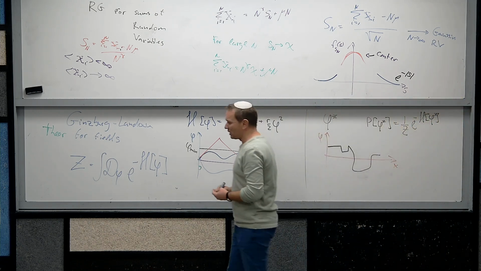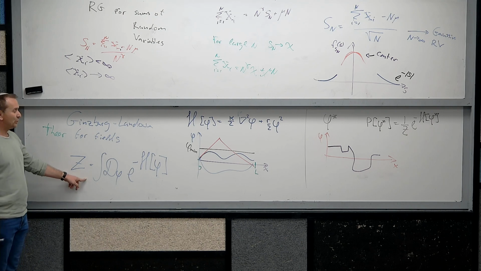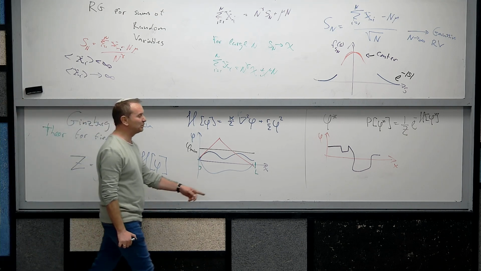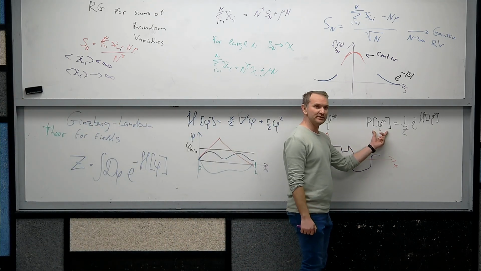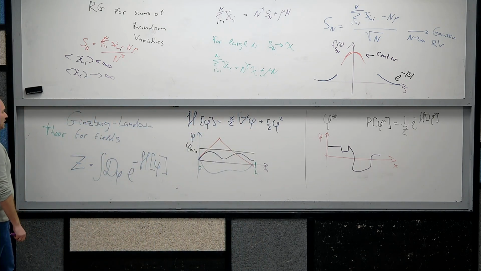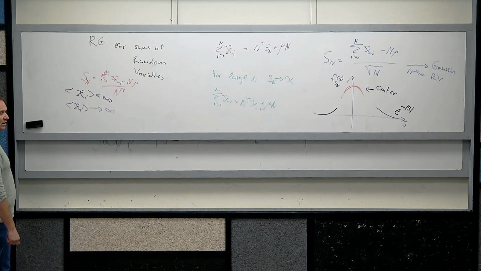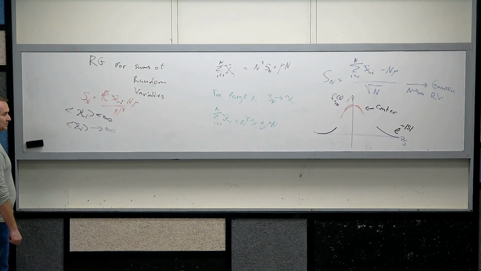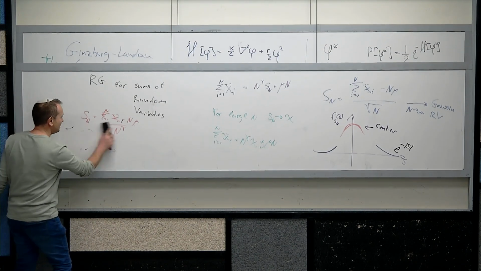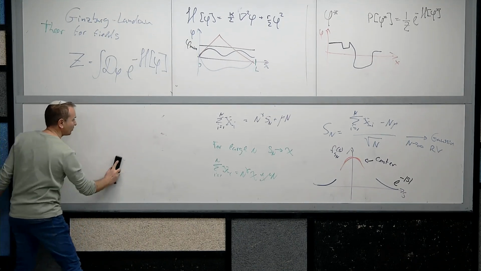So the computation of Z is eventually related to computations of different probabilities of different phi stars. So this is the first analogy between the field representation and the random variables representation.